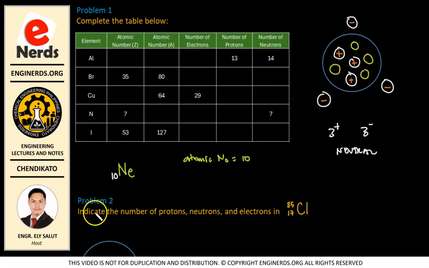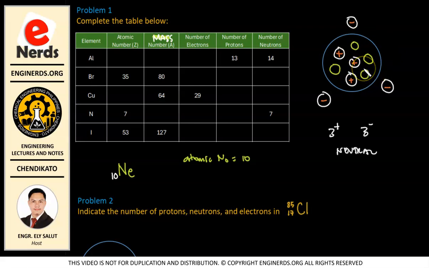And then we have what we call the mass number. By the way, this is a mistake. This should be mass number. Sorry about that. We learned that the mass number is the total number of protons and neutrons inside the nucleus. For a neutral atom of neon, we should have 10 protons and 10 neutrons inside the nucleus.